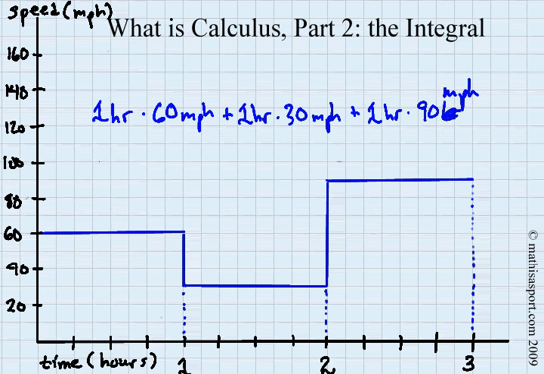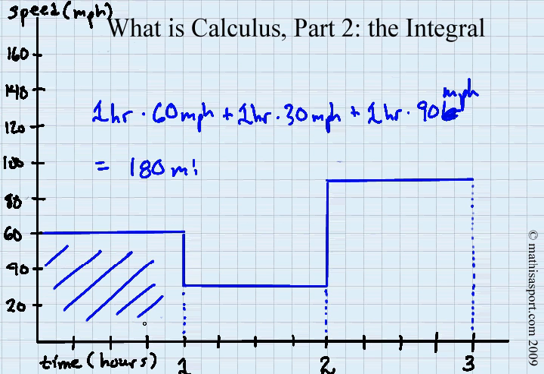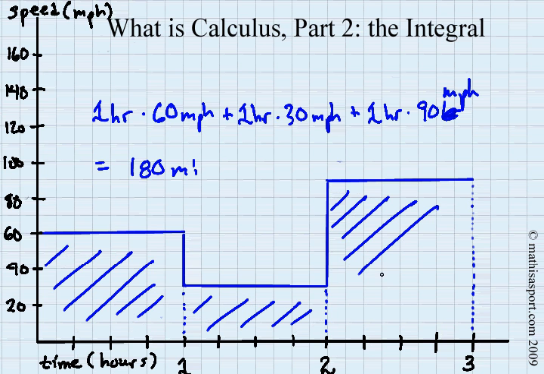And if we add all those up, we get 180 miles. So again, the distance traveled is the area, where area has taken on a broader meaning, because the units of area in this case are miles, where area under the curve is the distance traveled.